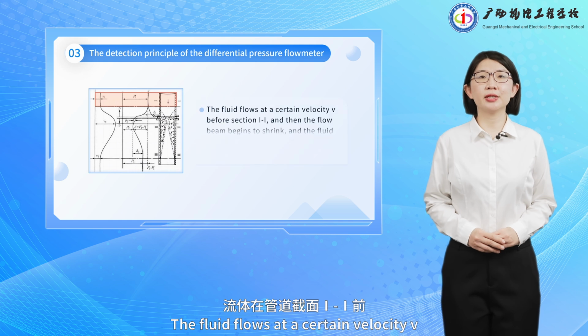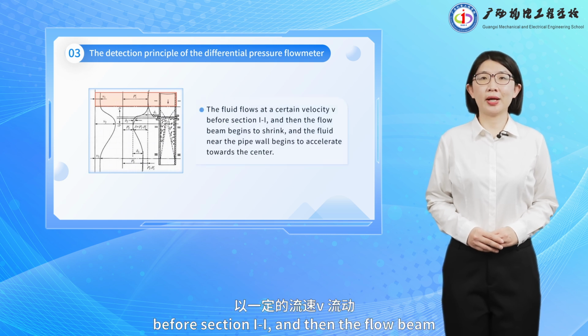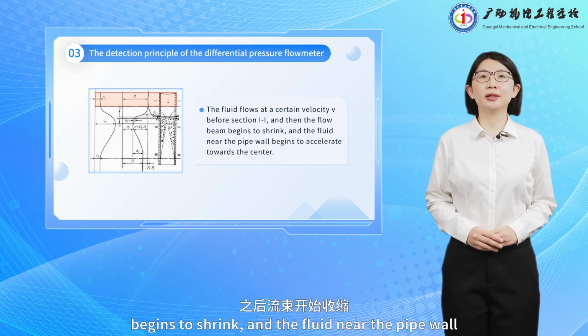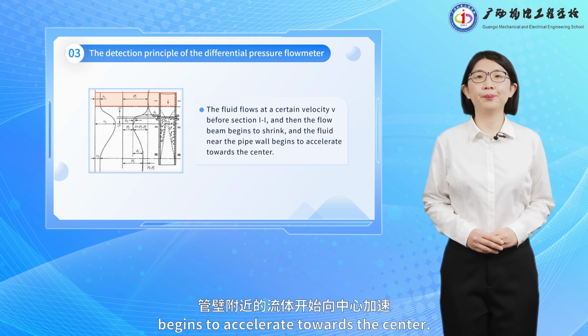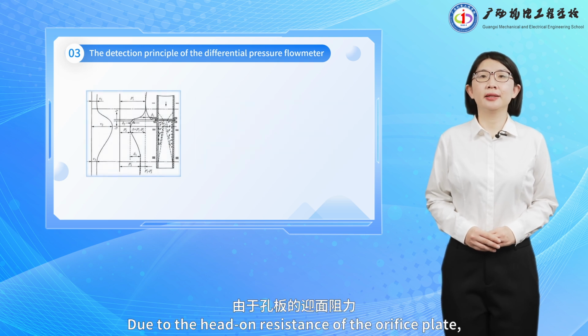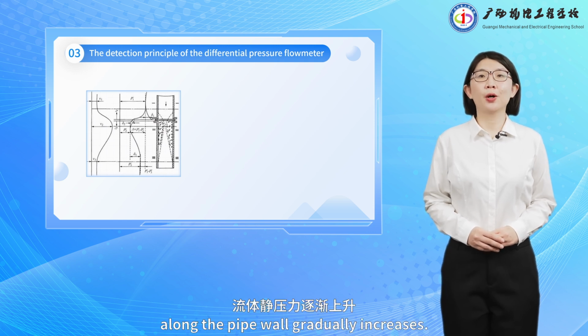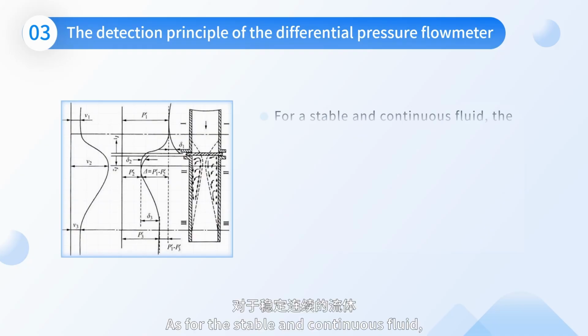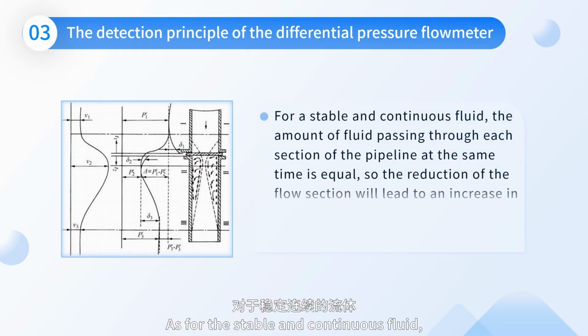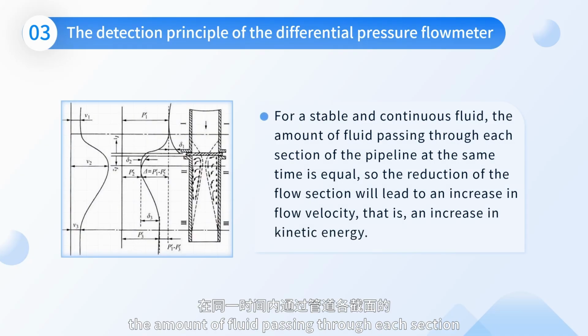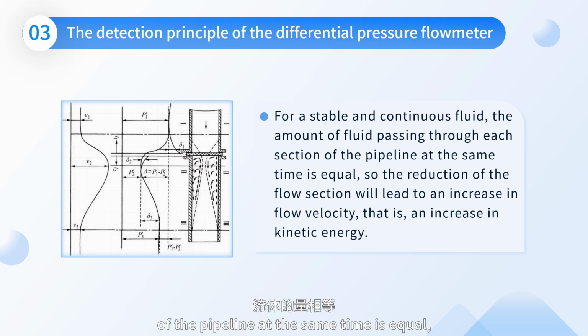The fluid flows at a certain velocity v before section 1-1, and then the flow beam begins to shrink, and the fluid near the pipe wall begins to accelerate towards the center. Due to the head-on resistance of the orifice plate, the hydrostatic pressure along the pipe wall gradually increases. As for the stable and continuous fluid, the amount of fluid passing through each section of the pipeline at the same time is equal.